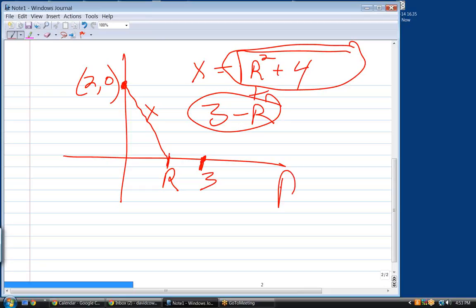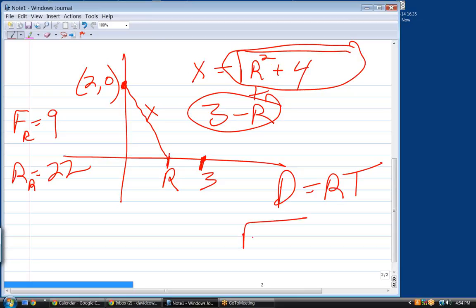In other words, the master equation is d equals rt. What does it tell us about his speed? Well, through the field, he is 9 miles per hour. Okay. And through the road, he can ride 22 miles per hour. Okay. So, if that's the distance we're going, square root of r squared plus 4, that's what goes for d.